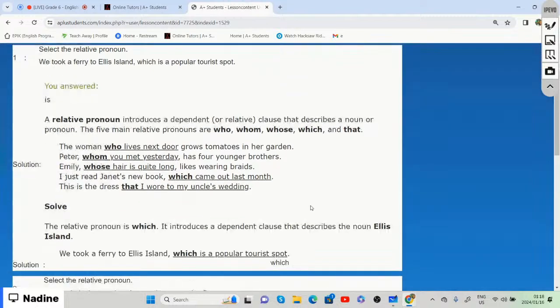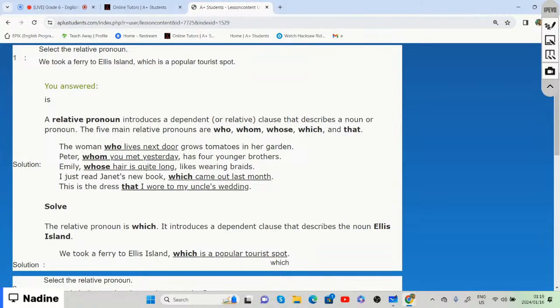And if we look at a few sentences or examples, it says, The woman who lives next door. So we say that we use the main relative pronouns such as who, whom, whose, which, and that.